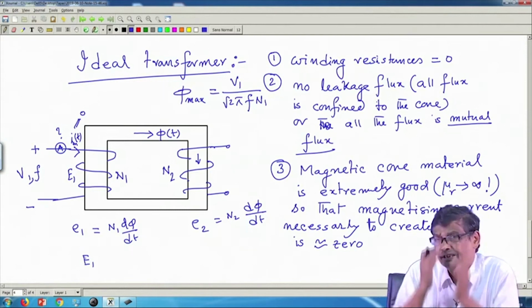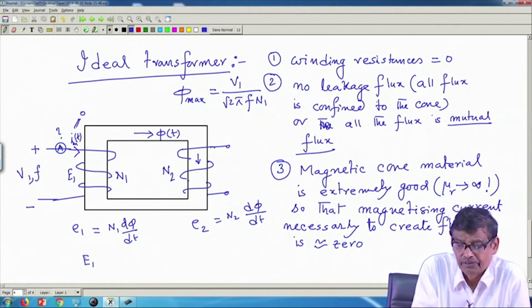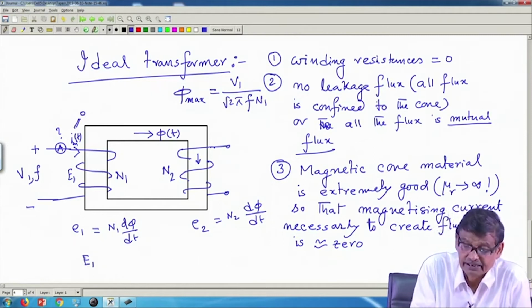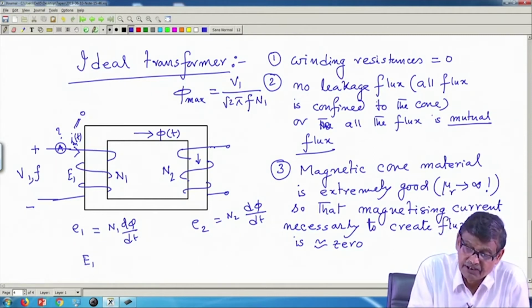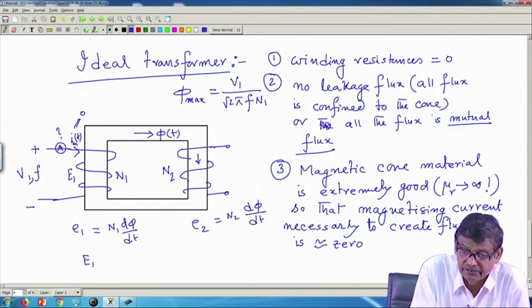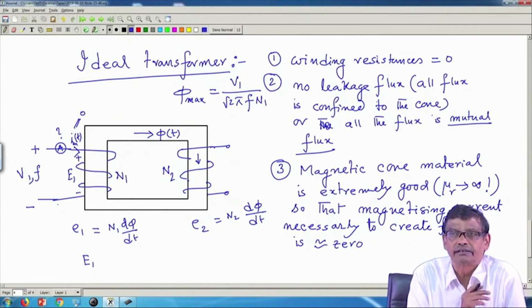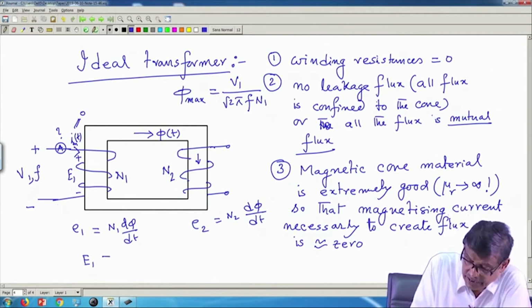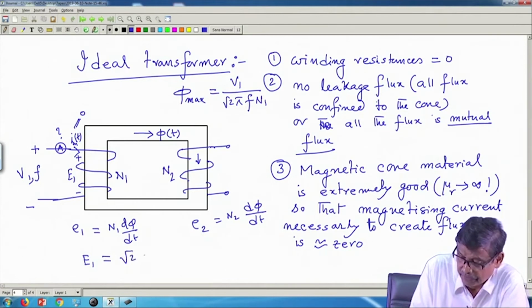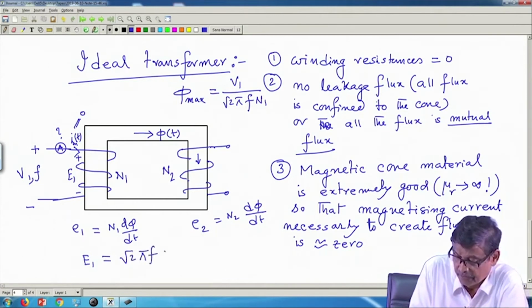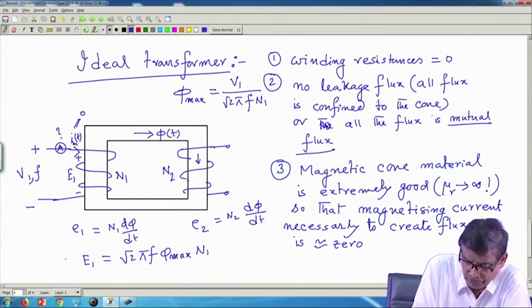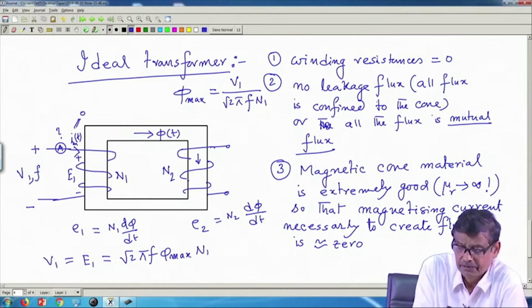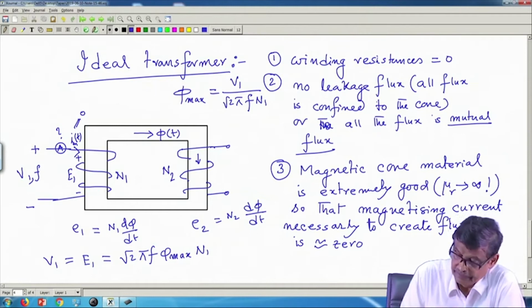I have applied physical reasoning and told that if supply voltage at any time is increasing, then flux is increasing, this terminal has to become plus and minus so far as E1 is concerned. Similarly, E1 is equal to root 2 pi f phi max N1, which of course happens to be equal to V1, because KVL is to be satisfied.